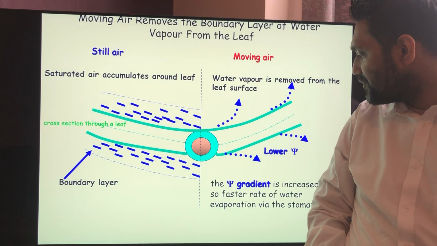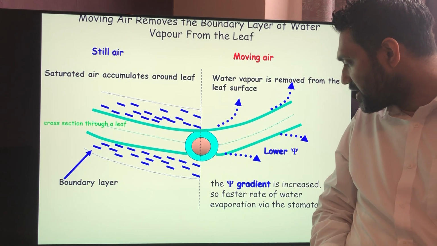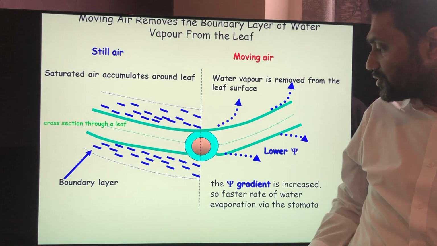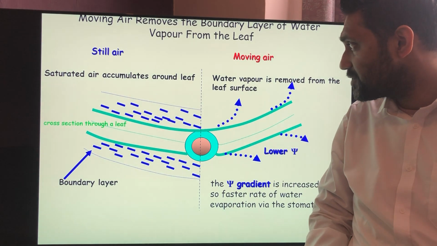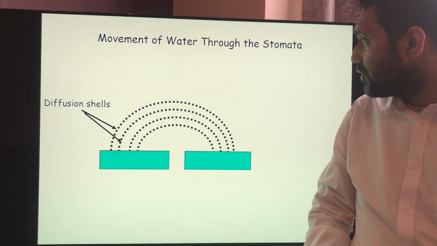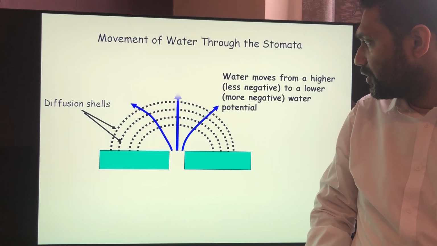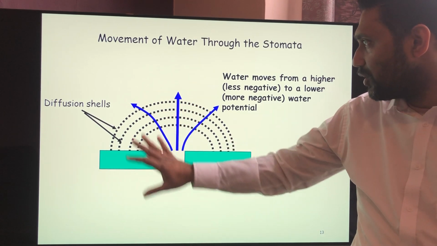So you've got a low water potential here, there's a bigger, steeper water potential gradient, therefore the water is going to diffuse much faster out and transpire out quicker. So you've got these little diffusion shells here showing you that if you want water vapor to transpire out, you don't want these shells.